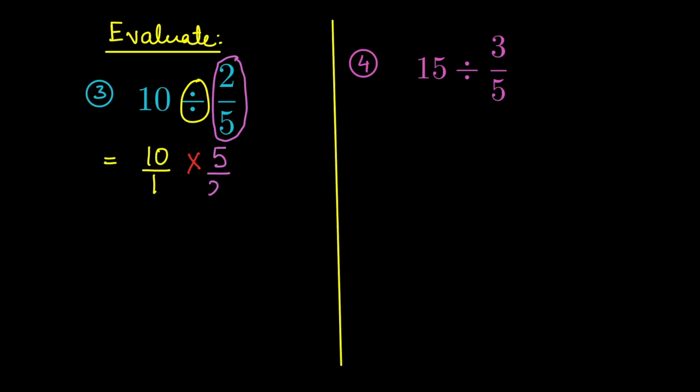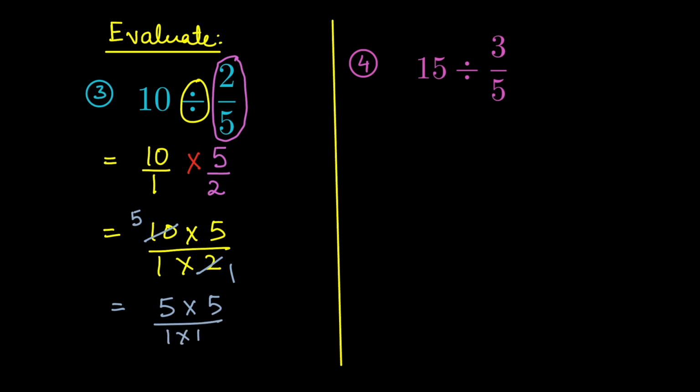So we'll write 5 over 2. Now after this step we write it as 10 times 5 over 1 times 2. Then we can reduce it. It is 2 times 1, 2 times 5. So you can see what we get as the answer: 5 times 5 over 1 times 1, which will be 25 over 1, which we can just write as 25.